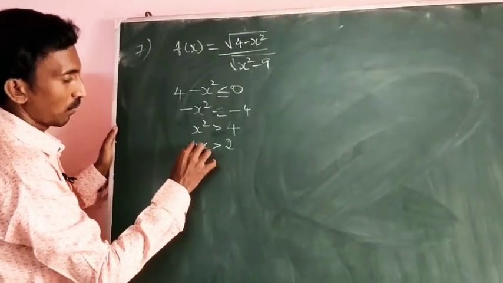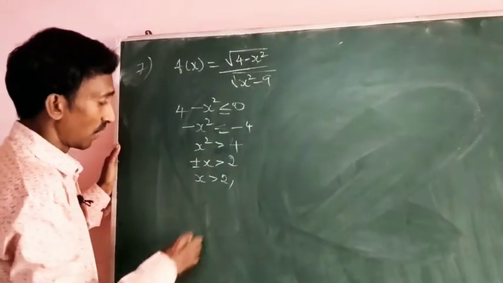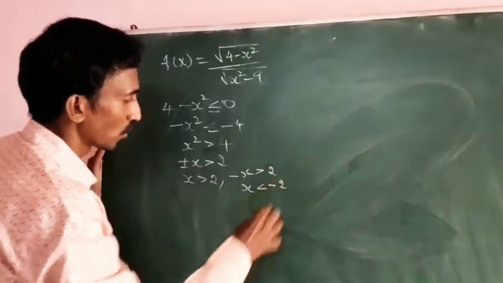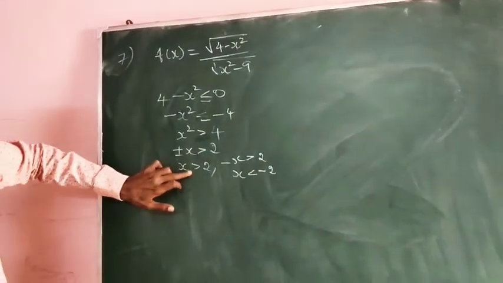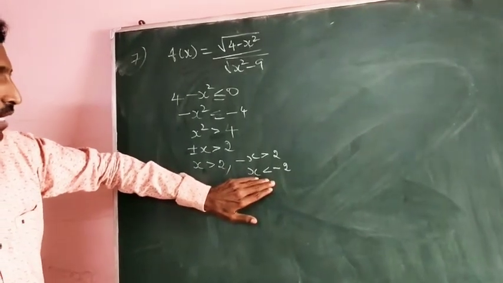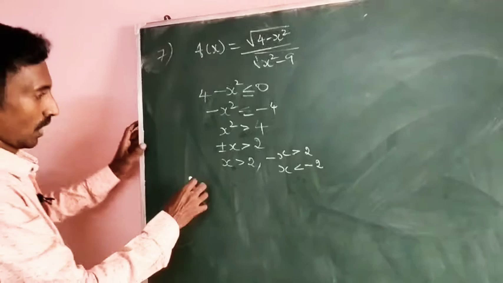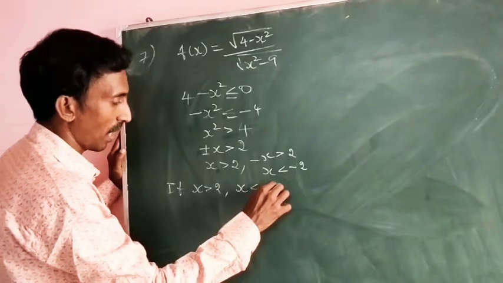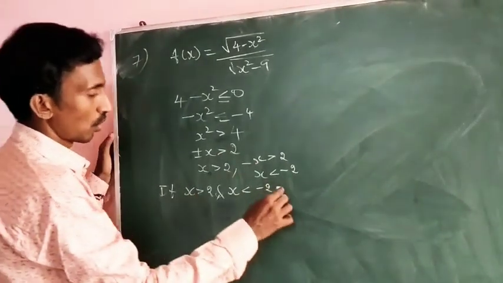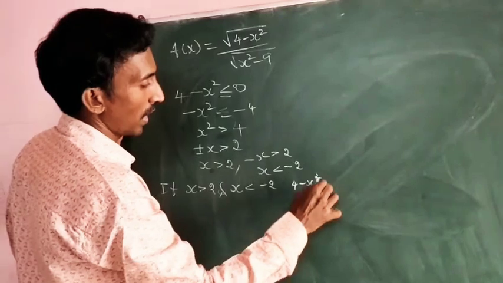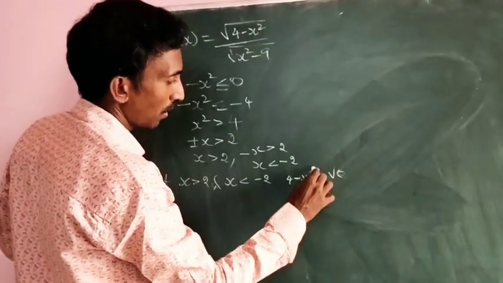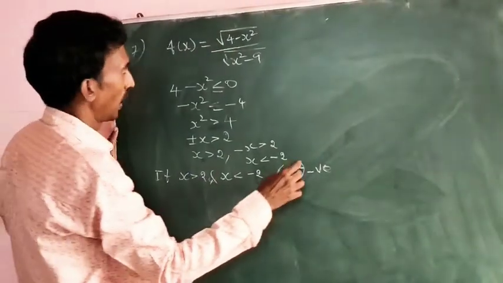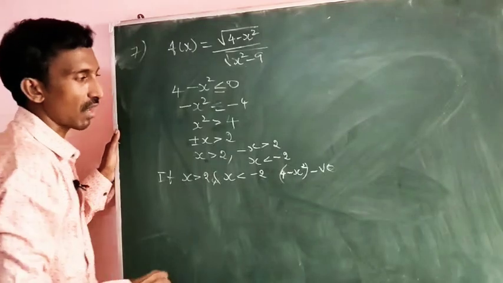If we take plus x greater than 2, if we take minus x greater than 2, so x less than minus 2. So if x is greater than 2 or x less than minus 2, then 4 minus x square is negative. So the square root is not real, f of x is not real.